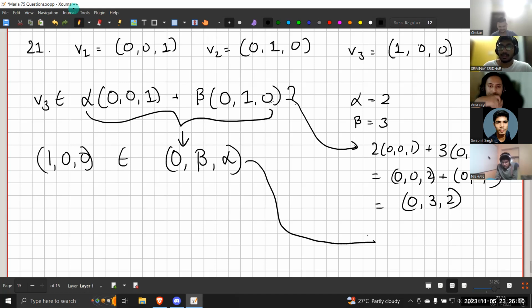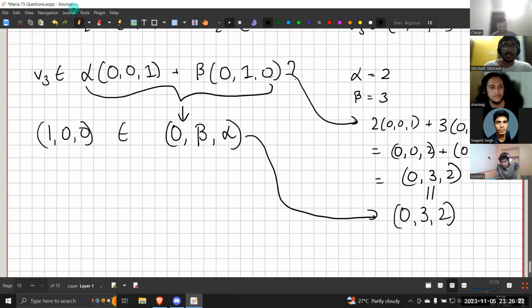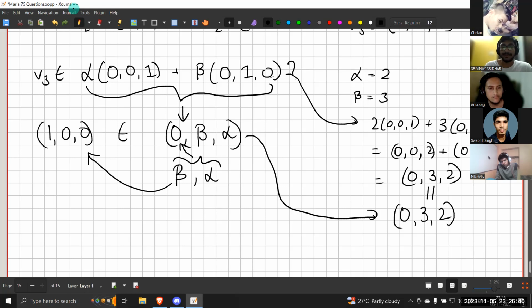We can see that these two are equal. But now you want to find the beta and alpha which give me 1, 0, 0. But you realize how much ever I change beta and alpha, it will never affect this direction. So this is not possible.